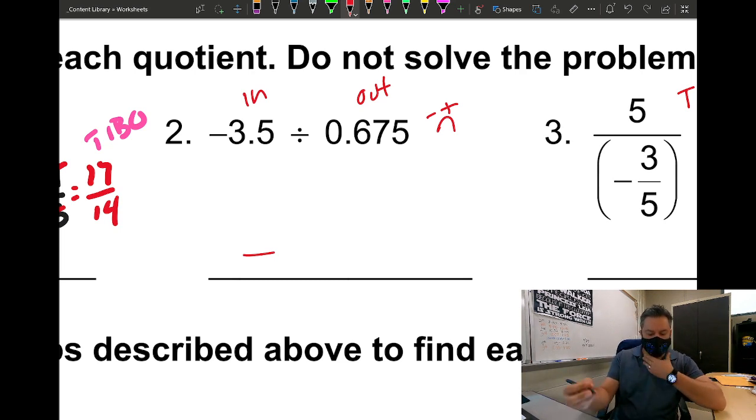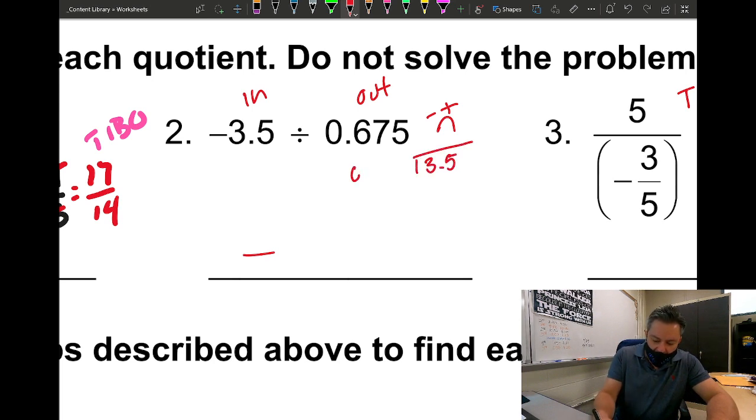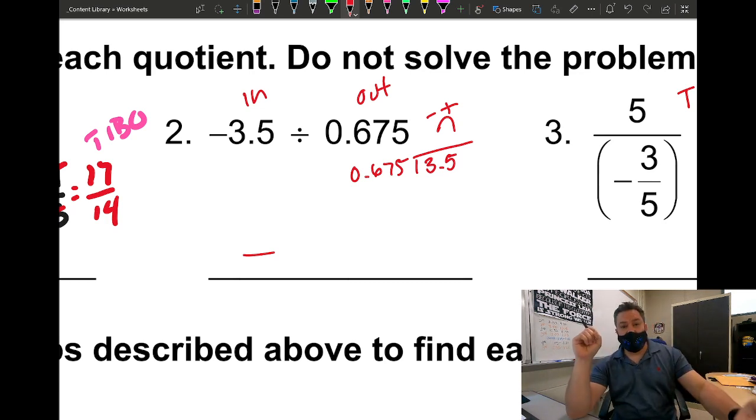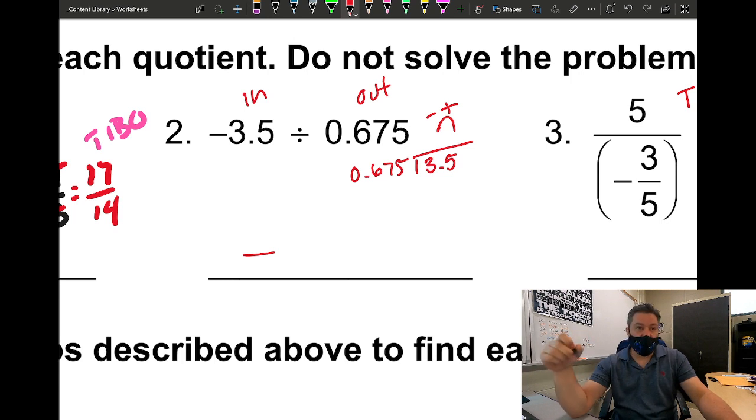And let's rewrite this as a long division. So I have 3.5 divided by 0.675. Everybody good so far? Now, the thing is that we cannot divide when we have decimals outside. And it becomes a problem.